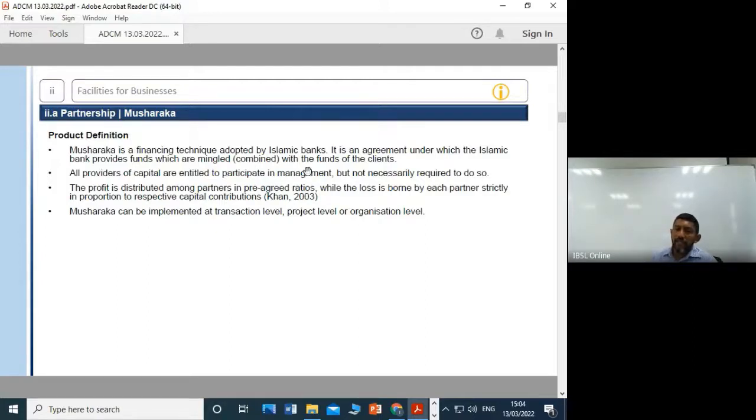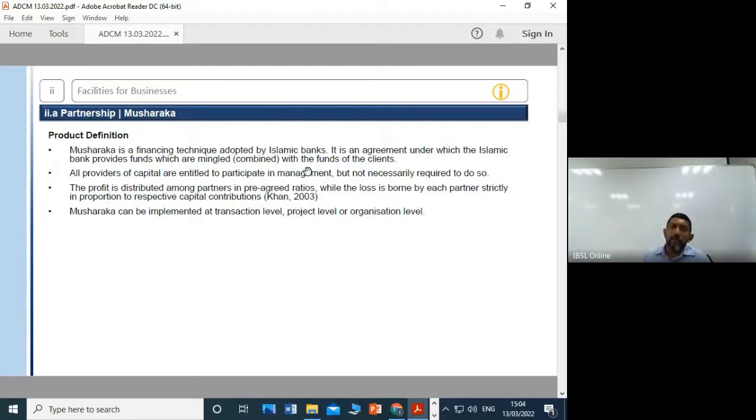Let's say the bank puts in 100,000 rupees and the customer puts in 100,000 rupees, and together the 200,000 rupees is treated as the capital of the Musharaka, the capital of the partnership. That is used to purchase the tea that the customer wants to purchase. So both parties contribute capital. That's the first bullet point.